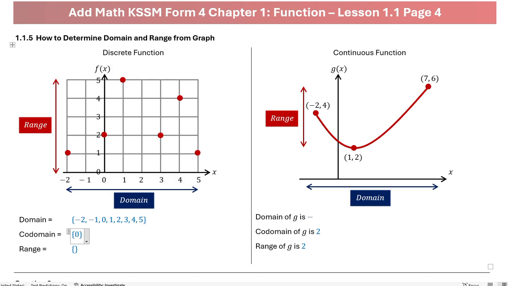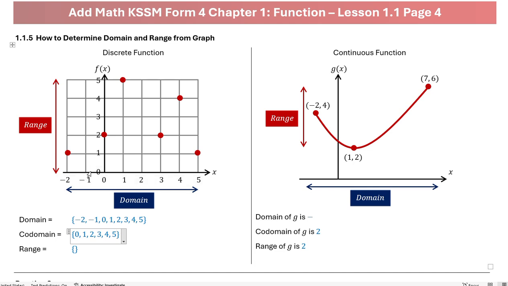So it will be 0, 1, 2, 3, 4, 5. How about range? Range is this. Range refers to the elements in the set of image that have an object connected to it.